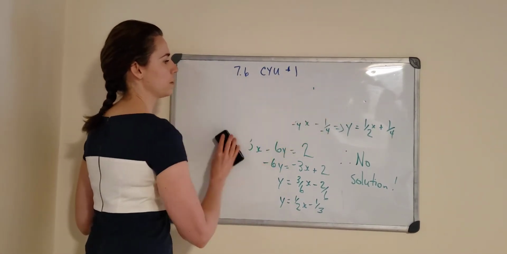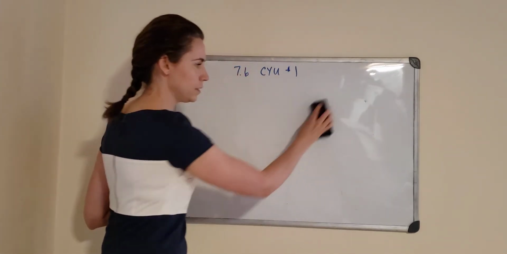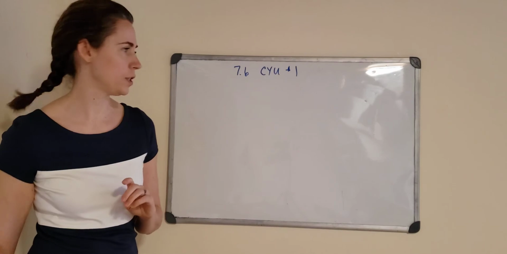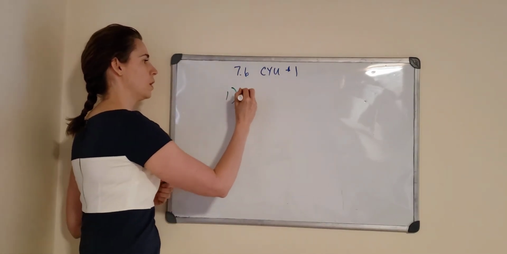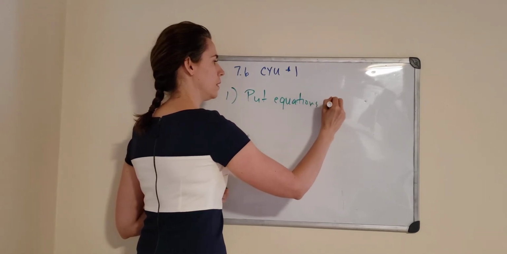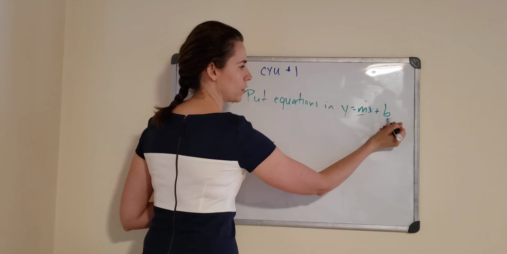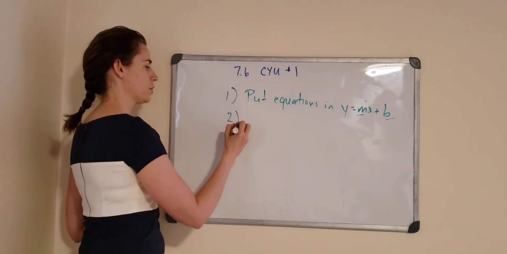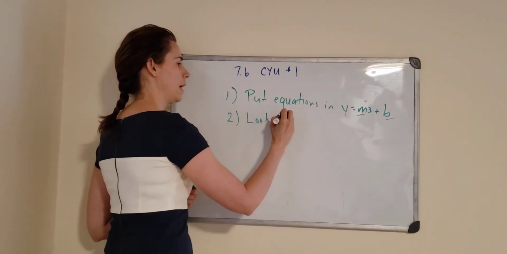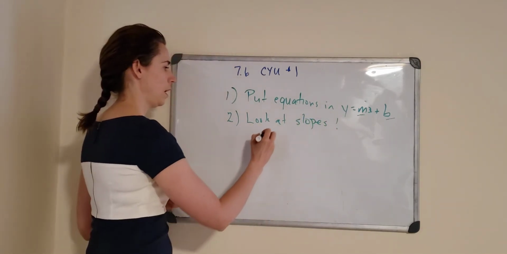So we've gone over those 3 properties of systems of linear equations. Okay, so the big things you're going to want to do: put your equations in your y equals mx plus b form, right? You have your slope, you have your y-intercept. First thing, look at the slopes. Are they the same?